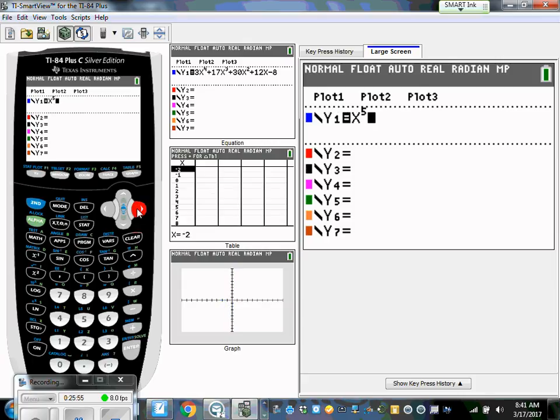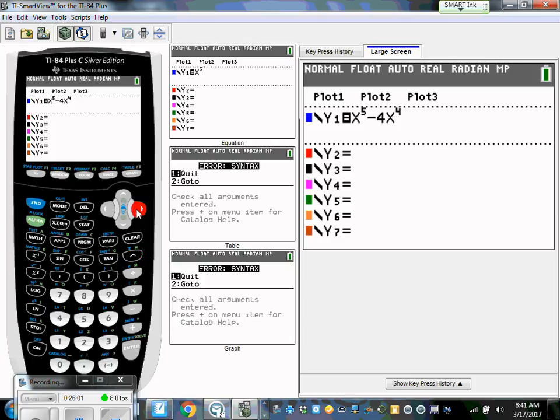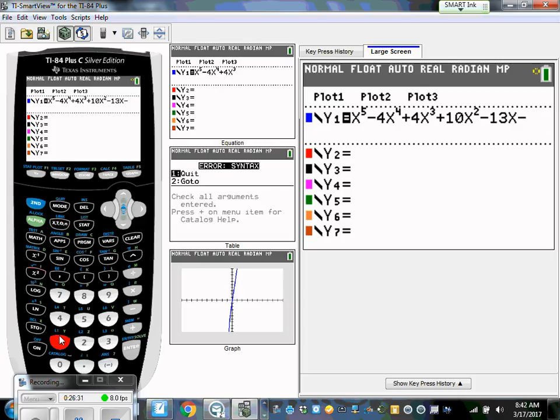All right, so x to the 5th minus 4x to the 4th plus 4x cubed plus 10x squared minus 13x minus 14. Anybody type the whole thing as an exponent yet?